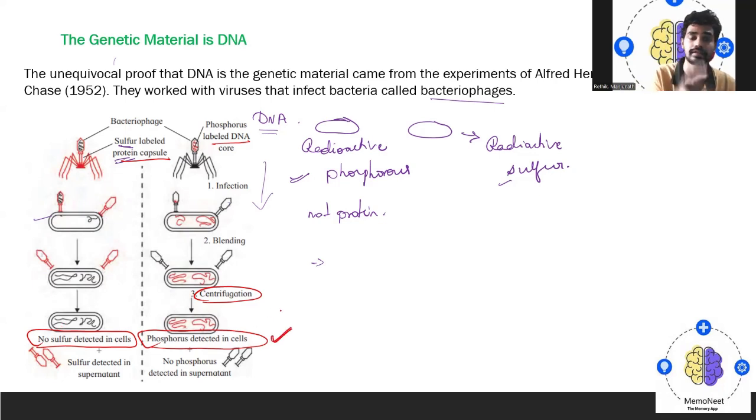But for the virus which had radioactive sulfur, the radioactive sulfur detection was not seen in the cell, which means obviously the protein was not passed to the bacteria. Finally, they concluded that if radioactive phosphorus is detected and sulfur is not, because protein consists of sulfur and DNA consists of phosphorus, the bacteria has DNA.